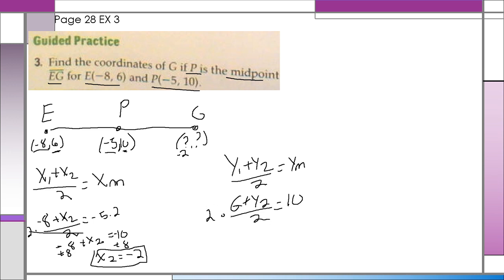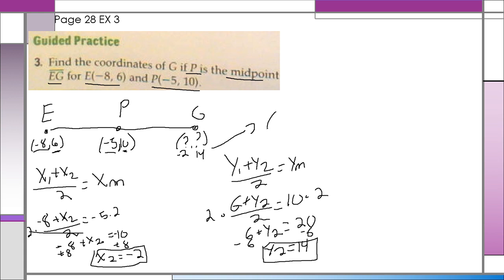So we times 2, we get 6 plus y2 is equal to 20. Minus 6, we get y2 is equal to 14. So that then is my answer. So it'd be -2, comma, 14. And that would be my endpoint of G.